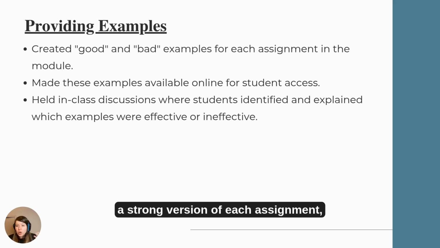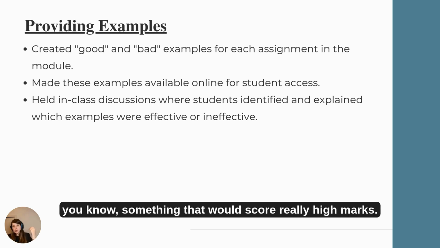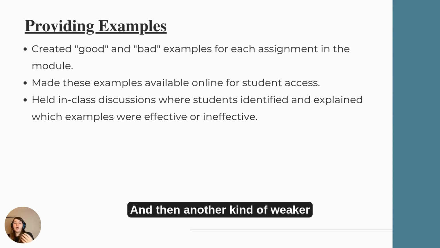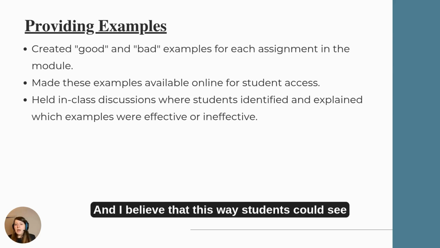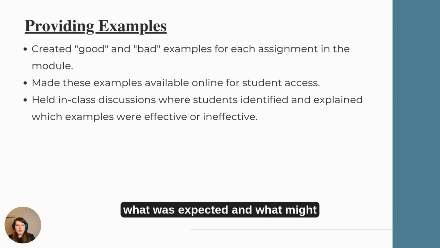One, a strong version of each assignment, something that would score really high marks, and then a weaker version that would show a very low scoring piece of work, or even a fail, essentially.